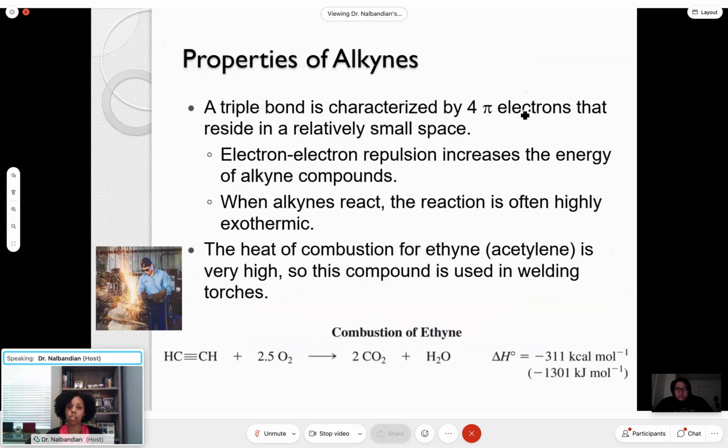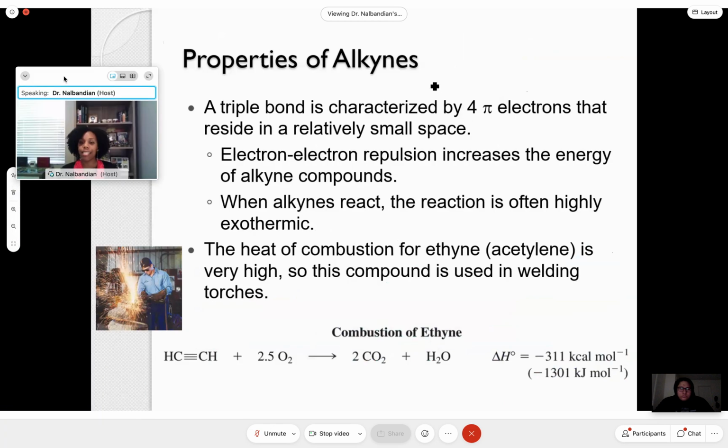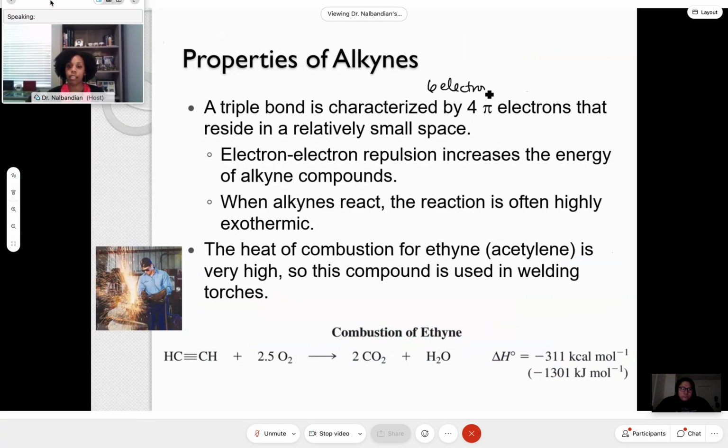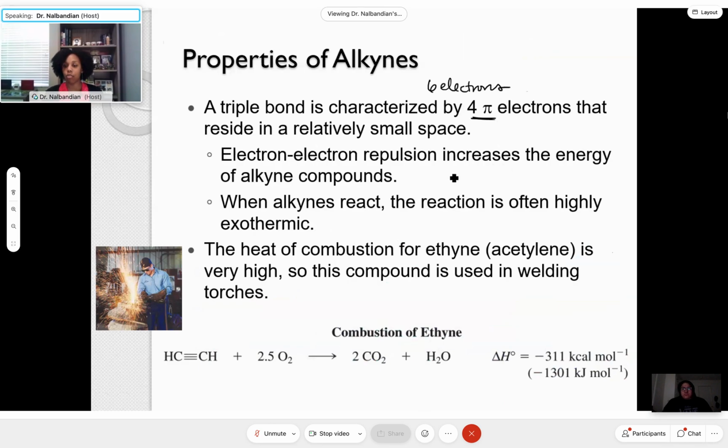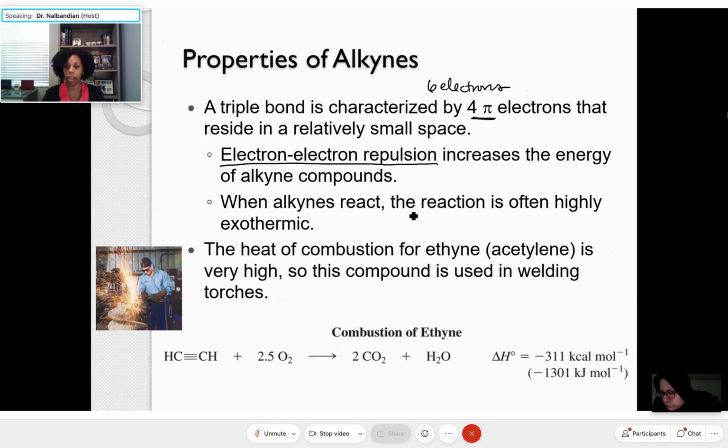All right, so with our triple bond, as I said, we have six electrons in a small space, but four of those are pi electrons, and we have two more that are sigma electrons. That means we get electron-electron repulsion, like charges repel. With that repulsion, alkynes are very reactive. We can easily break those pi bonds, but when they react, it's usually a very exothermic reaction.